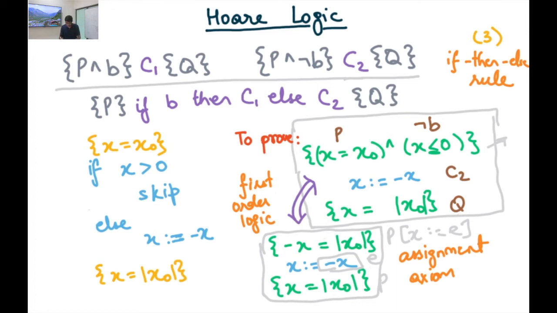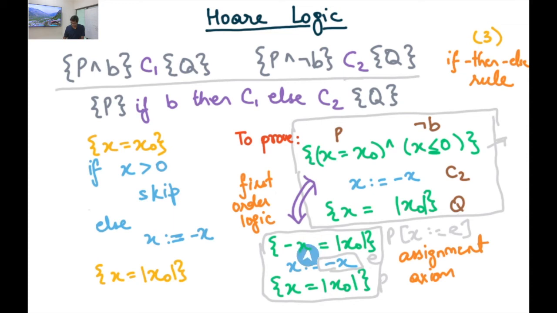But it turns out that these two Hoare triples are actually identical, because if I apply first order logic, I can show that -x = |x₀| is the same thing as x = x₀ and x ≤ 0. Because -x = |x₀| basically means that x was negative, since |x₀| is definitely positive, and if -x is a positive number, then x must be a negative number.